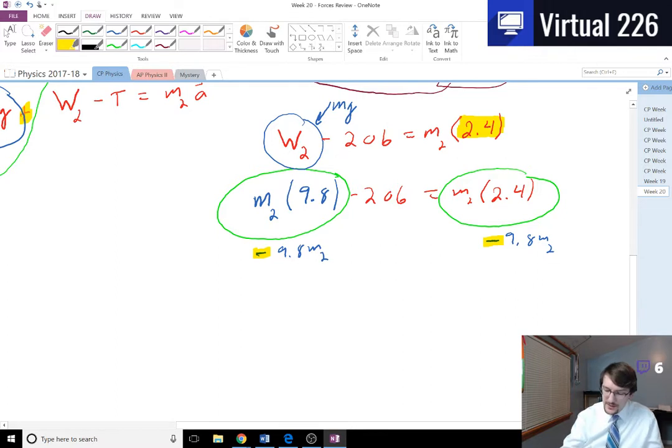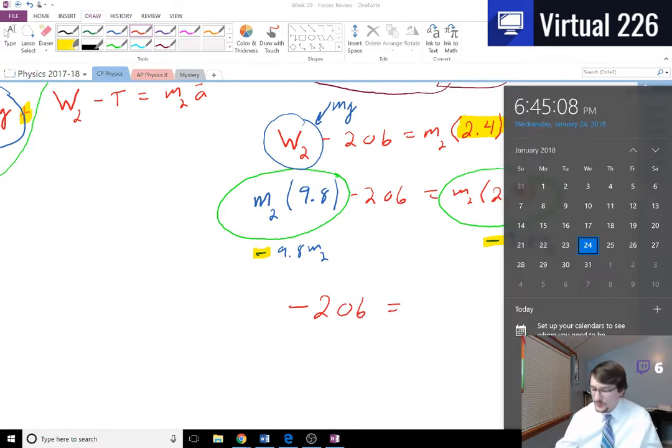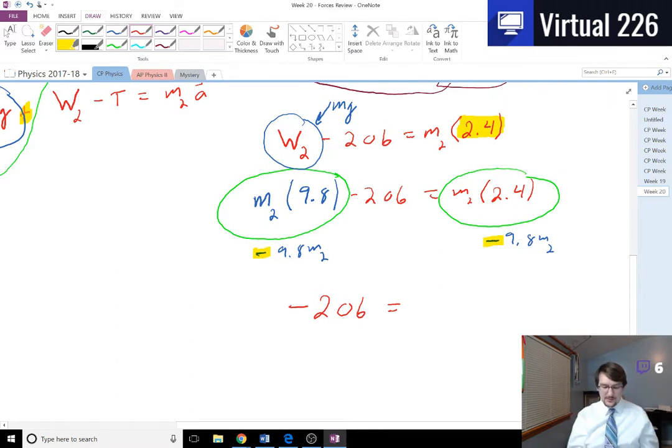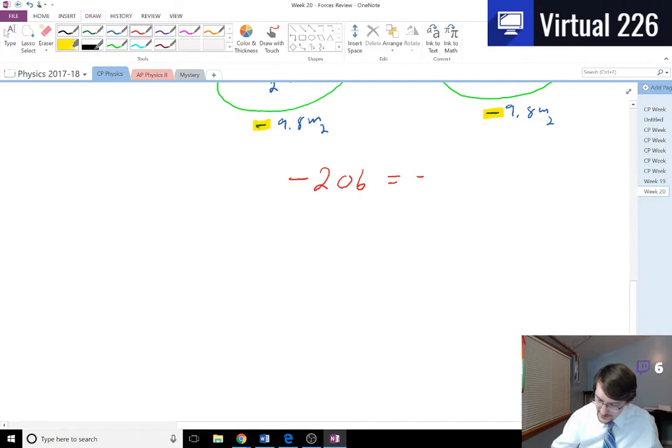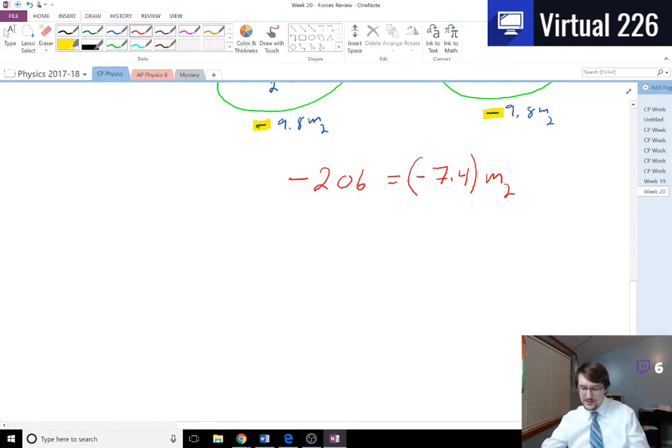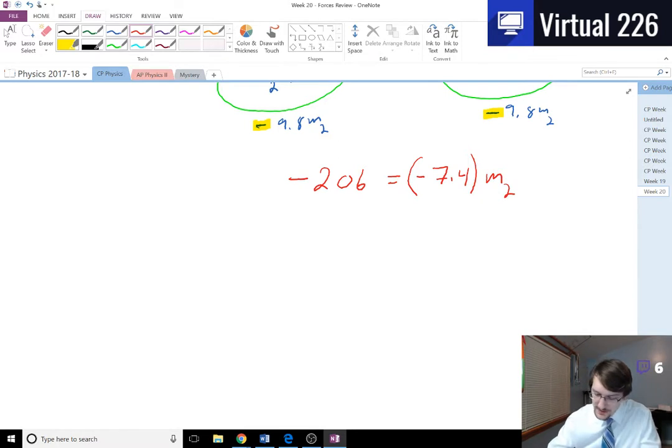That's actually a nice thing, and I noticed that error because what we're going to have in a second is negative 206 equals 2.4 minus 9.8 equals negative 7.4 m2. I noticed that I made an error though when I said to add, because my mass shouldn't be a negative number. I need a negative on each side because these negatives are going to divide out.